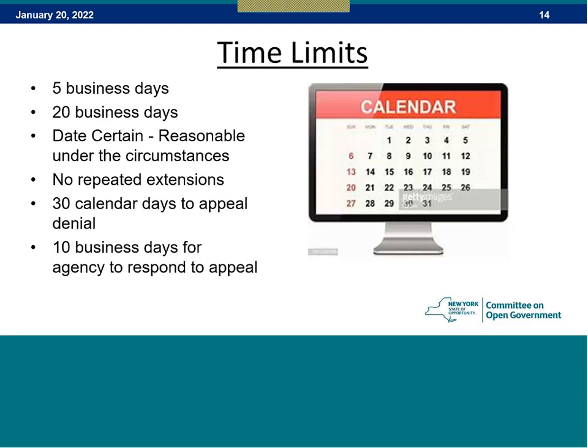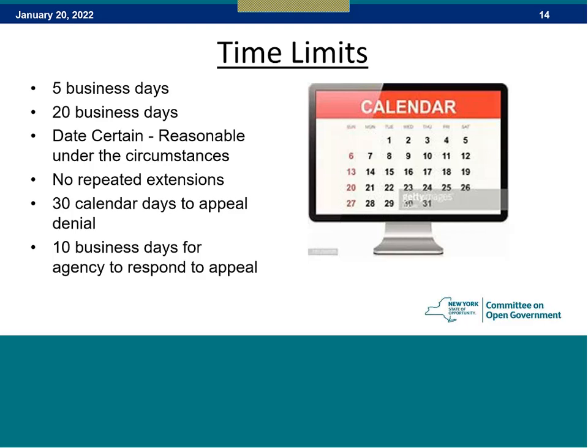It needs to either respond to the request by providing access to the records, or it could respond by denying access. It could tell the applicant that the agency does not possess the records sought, or if it's a larger request or one of a number of FOIL requests that the agency is responding to, the agency may need to acknowledge the request and state that it needs more time within that first 5 business days.